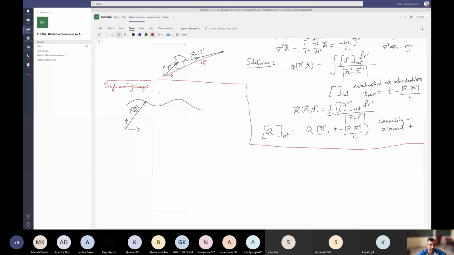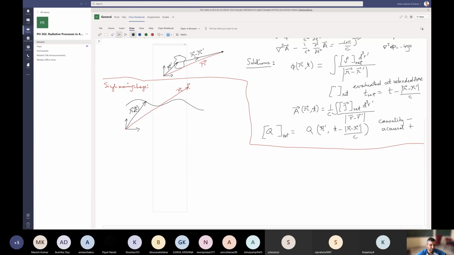Now let's consider some point P where we want to know the field. This is your R, and this is point P. Okay, so this is the setup.